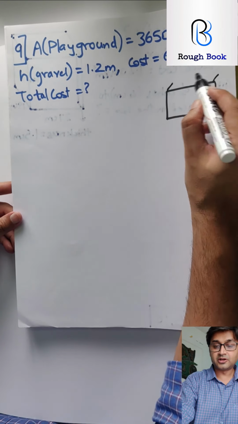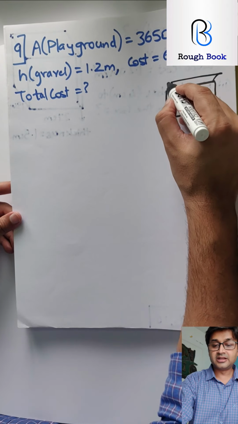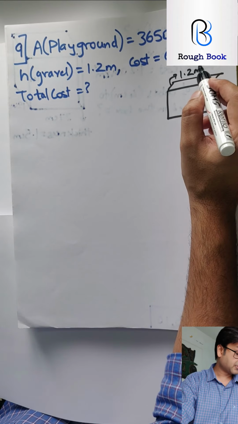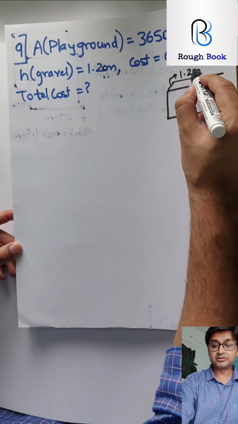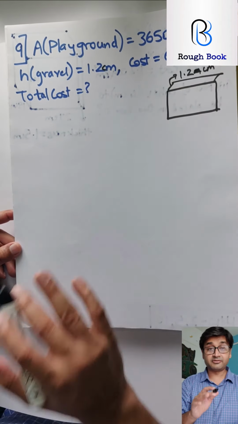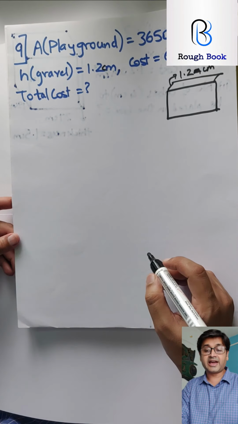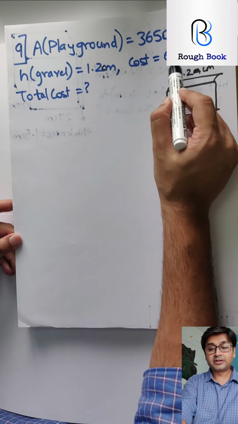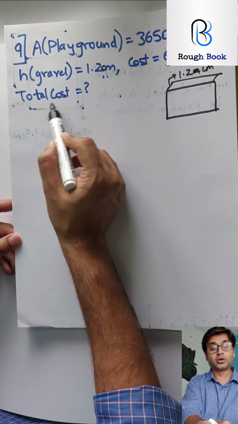So layer means this much high it will go over the ground, and this layer is 1.2 meters. Am I right? Meter or centimeter? Centimeter, sorry, not meter. So this is 1.2 centimeter. Rest everything in meter. So that's going to be a catch for us. Okay. So what will be the total area multiplied by the cost will give you the total cost.